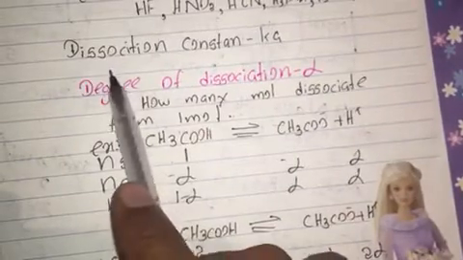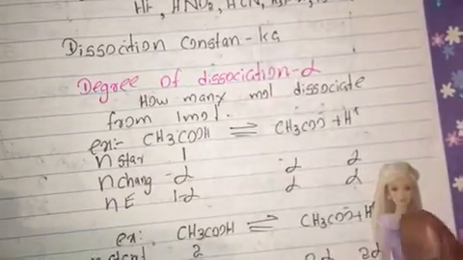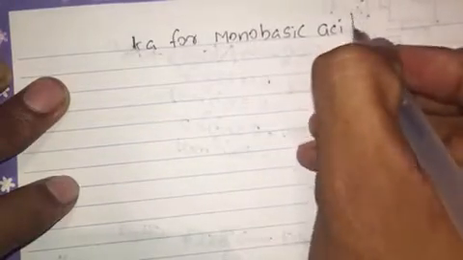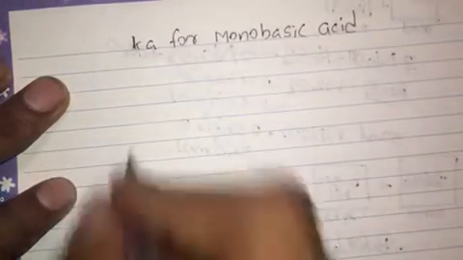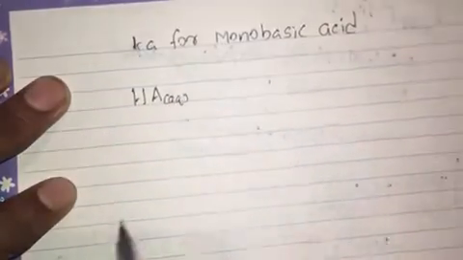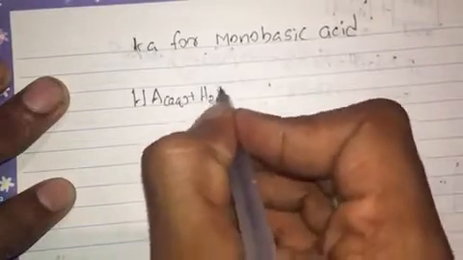Let's discuss the dissociation constant Ka. Here we discuss Ka for monobasic acid. Monobasic acid we represent as HA, in aqueous medium.